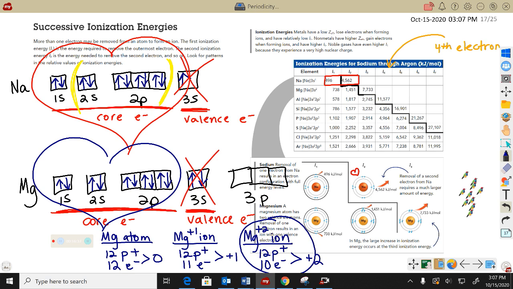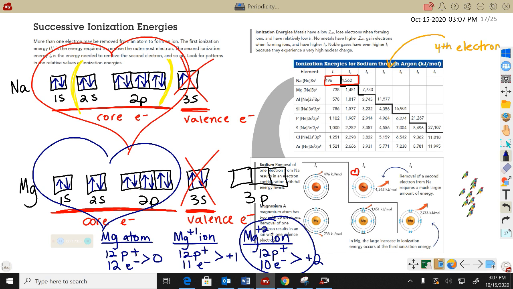That's important. For all of these, you'll notice that each electron removed always takes more and more energy. Successive ionization energies always increase for any element. Even sodium's first electron is 500, and the second electron is obviously a lot more. And aluminum goes from about 578, a little less than 2,000, a little less than 3,000, then whoa, 11,000.